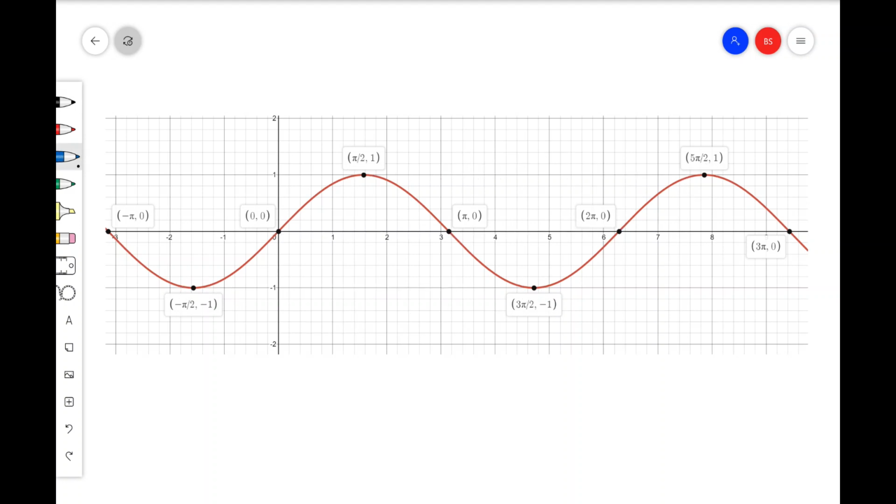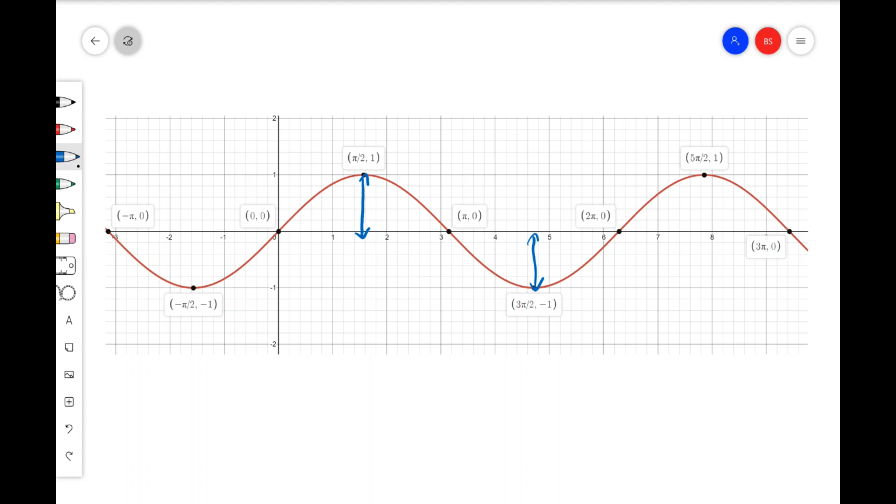Now let's talk about the amplitude. The amplitude of a function is the height from the midline to the peak, or the midline to the trough. Or in other words, it is 1/2 the distance between the maximum and the minimum value of the function.